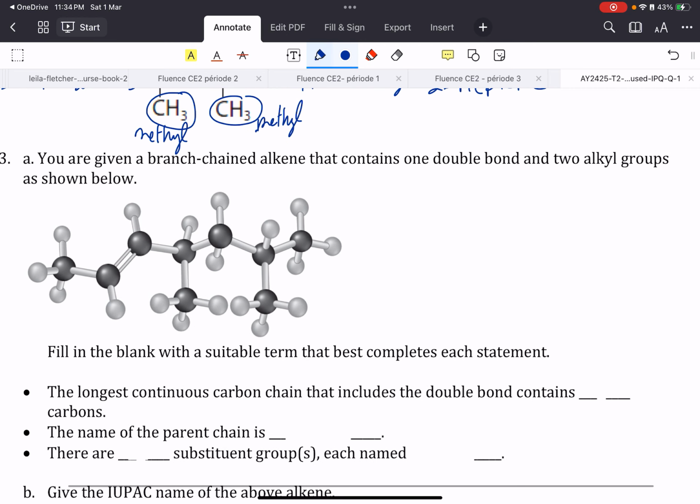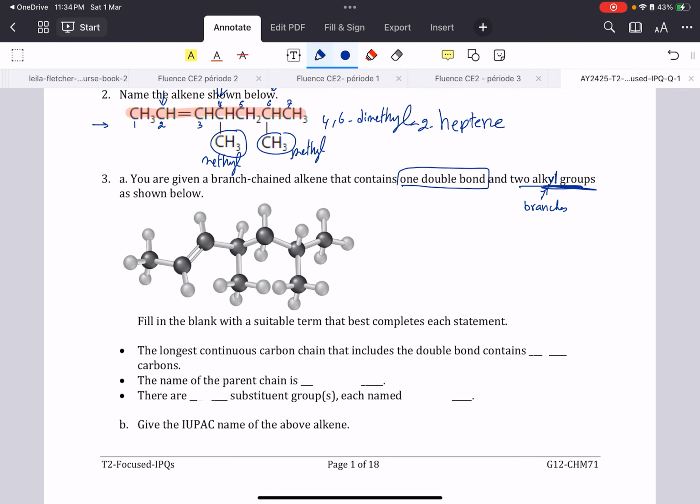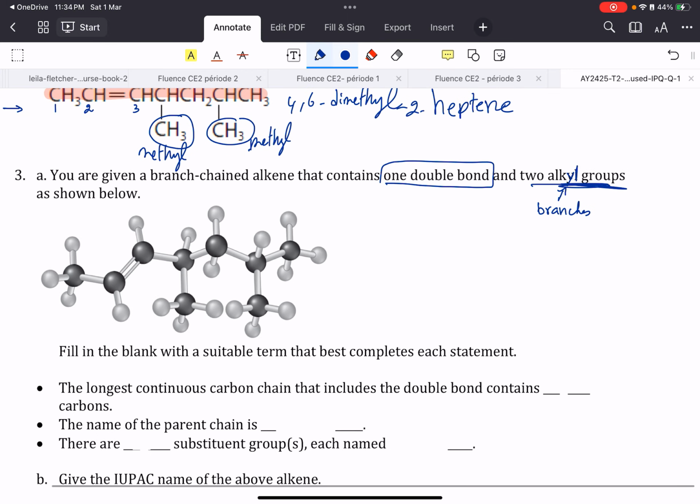You are given a branched alkene that contains 1 double bond and 2 branches. From the yl, I know that it's saying that we have 2 branches. It doesn't say that the branch is made up of 2 carbons. We simply have 2 branches. So let's look at this one.